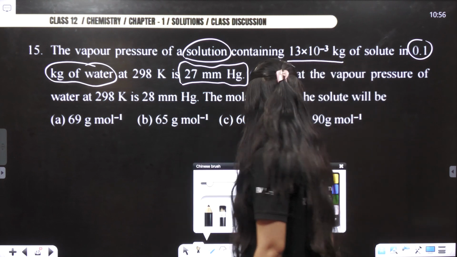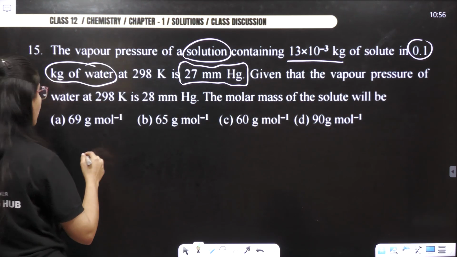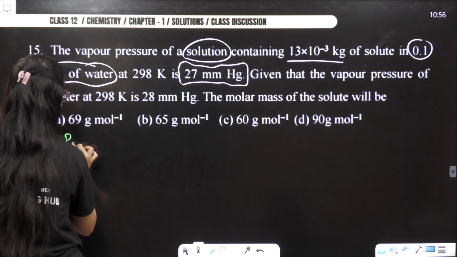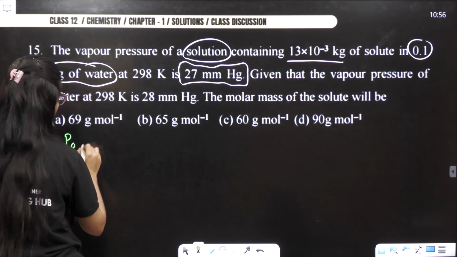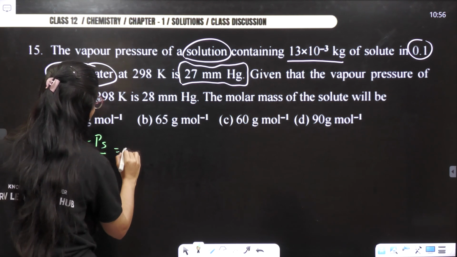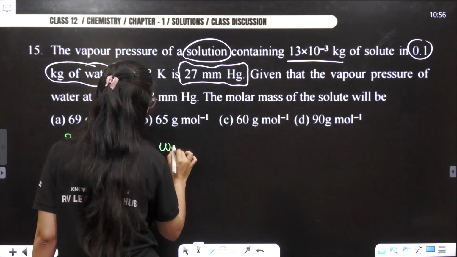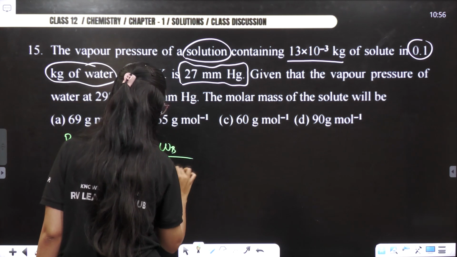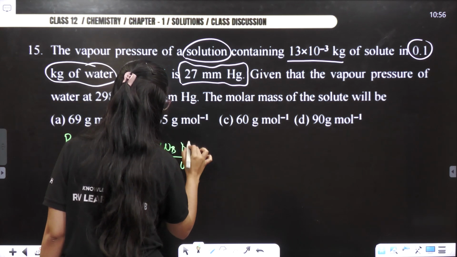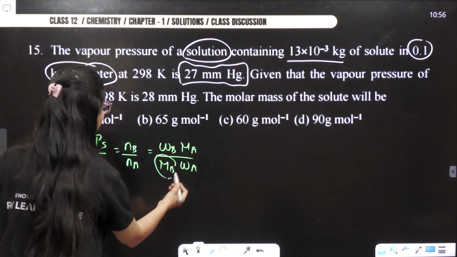Here you can use relative lowering of vapor pressure: (P0 minus PS) divided by P0 is equal to NB divided by NA, which you can write as WB divided by MB, over WA divided by MA. Here you have to calculate the molar mass of solute, that is the value of MB.